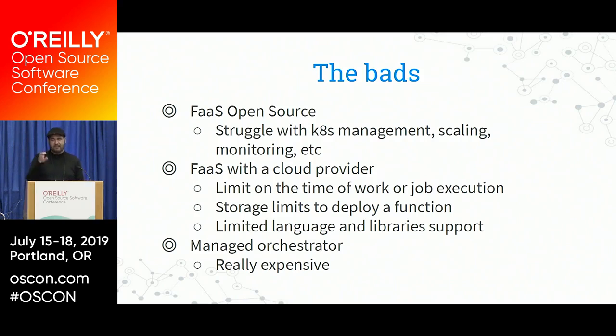For example, Lambda only has like 900 seconds for execution, and that's it. If your process passes that time limit, Lambda doesn't work for you. So there are the goods and the bads. And using, for example, Fargate, the bad is that it's really expensive.